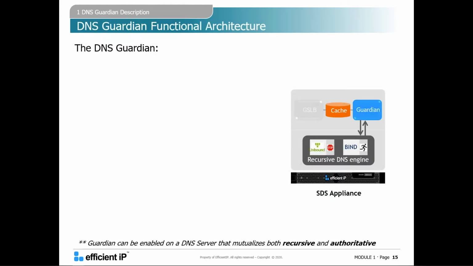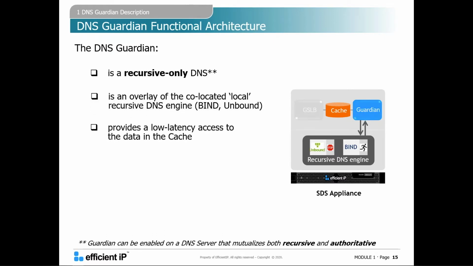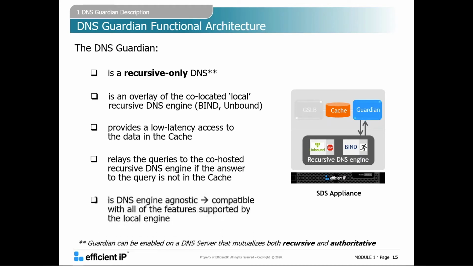So DNS Guardian is normally used for a recursive only DNS. Why is it only for recursive? Recursive DNS consumes a lot of resources when it's trying to resolve a particular domain. For example, when a client asks for www.google.com, instead of going to the google.com name server to get the answer, a recursive DNS will need to go from the root, and then it asks the .com server.